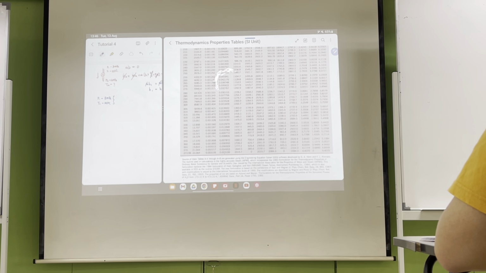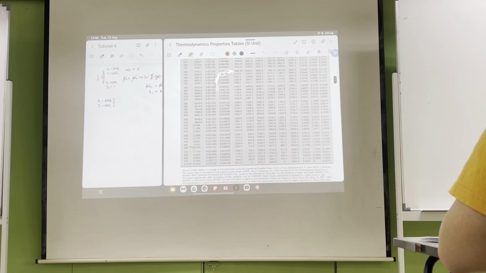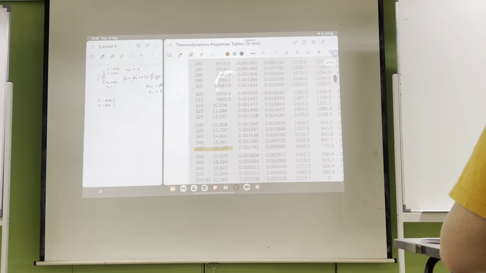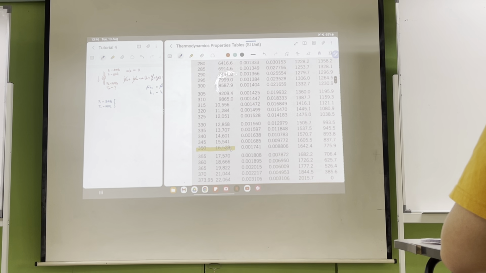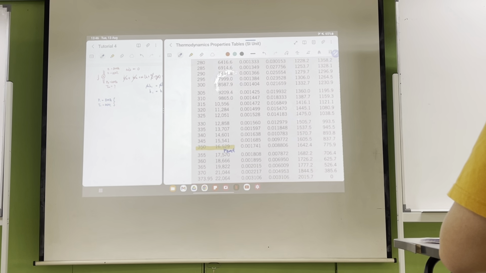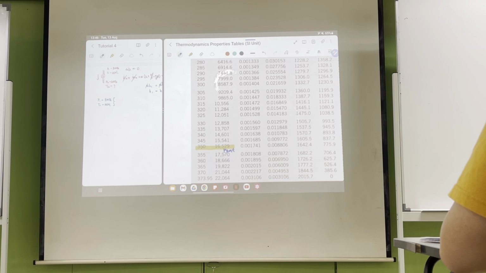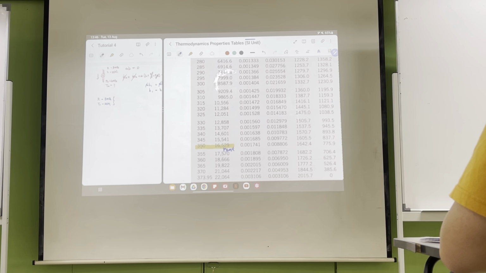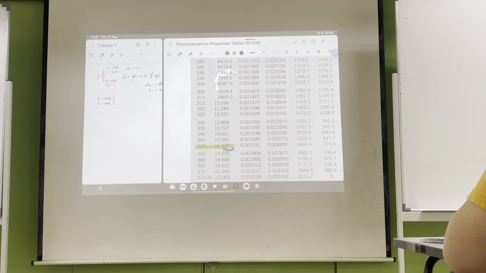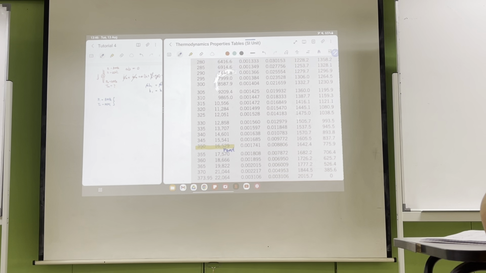At 350, the saturated pressure is 16,529 kilopascal, which is about 16 megapascal. So which means that in this case, what state do we have here?